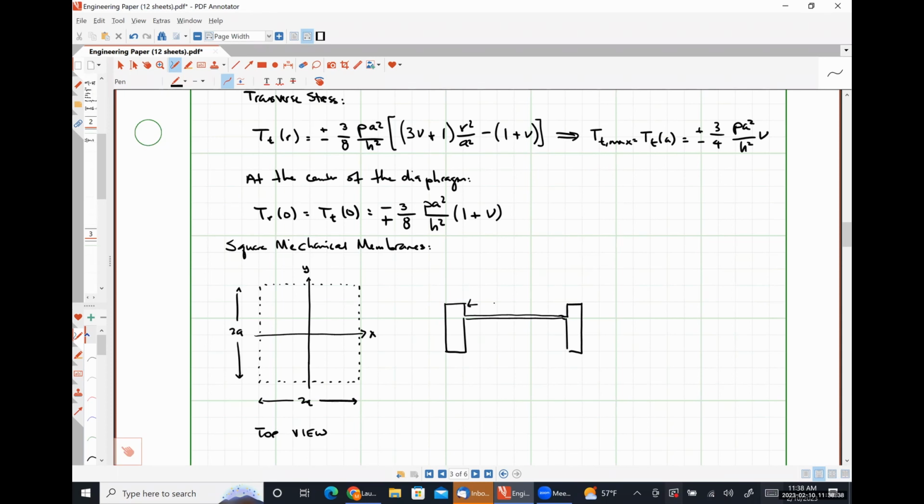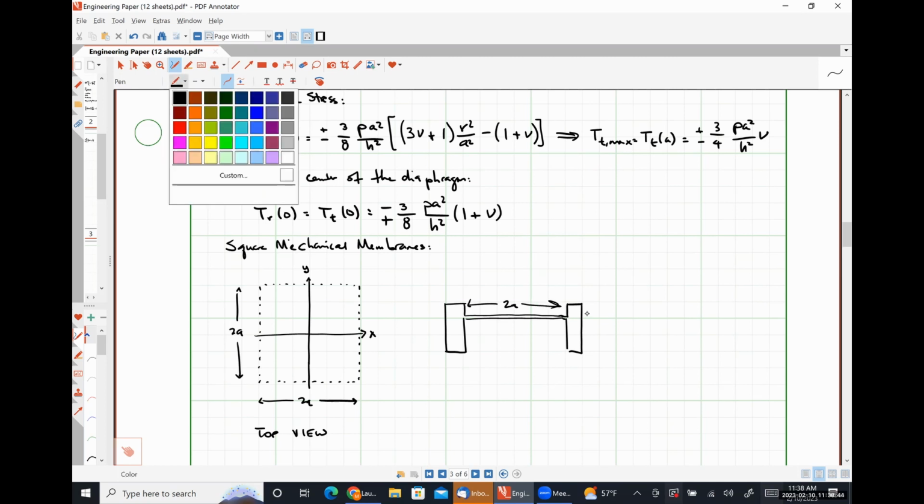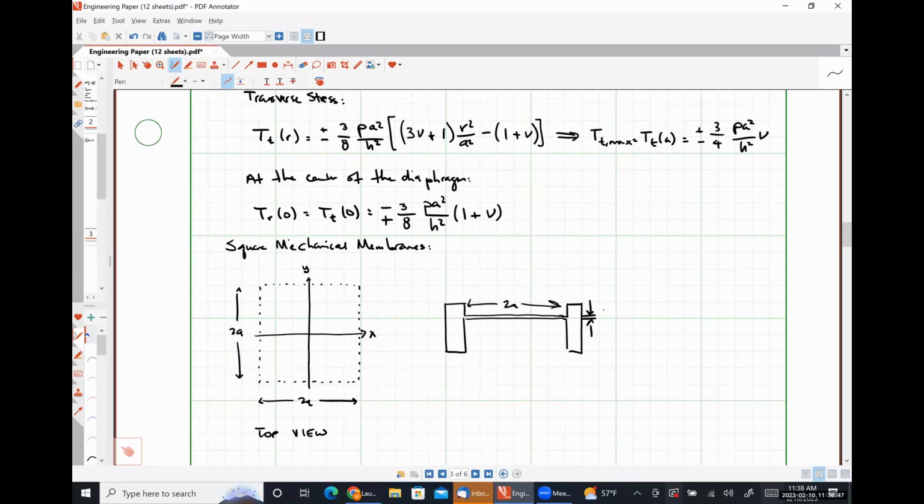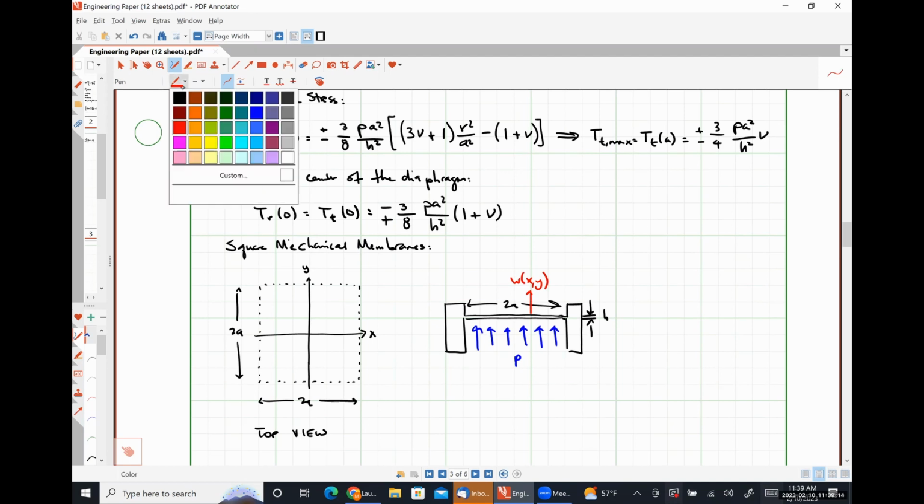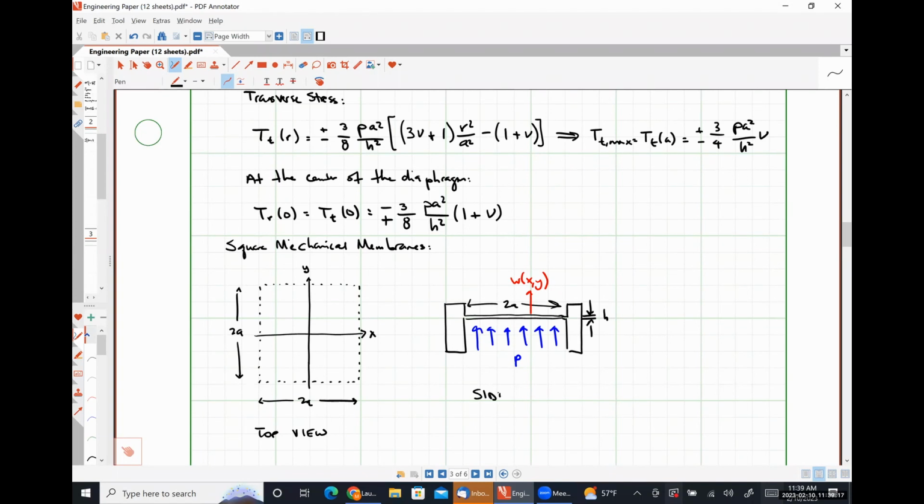So this distance is once again twice A. Our thickness of our diaphragm is H. If we have some differential pressure acting on our membrane, we observe a deflection W that is a function of X and Y. And this is our side view.